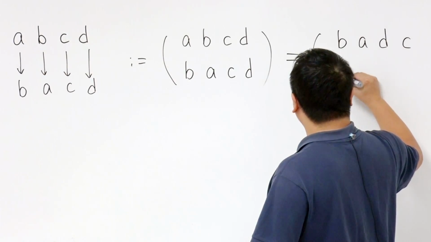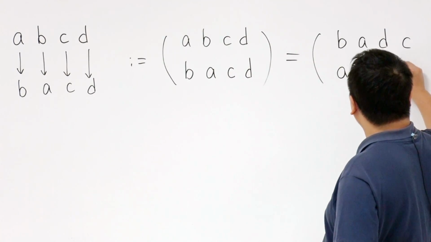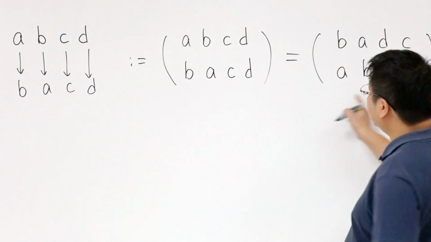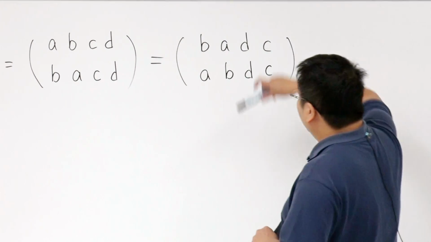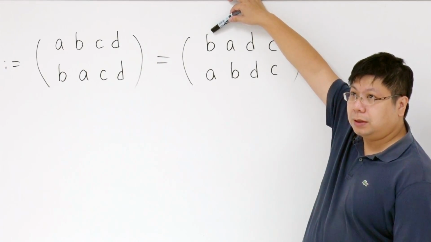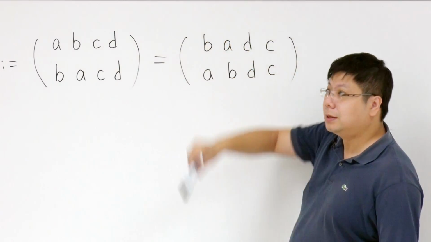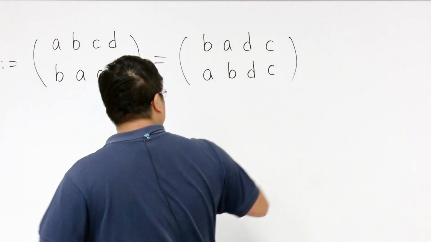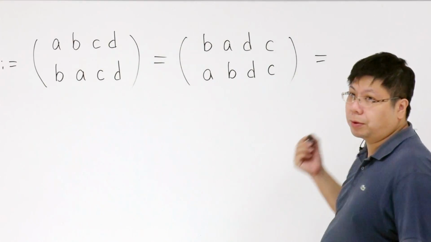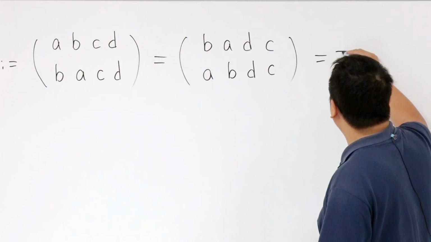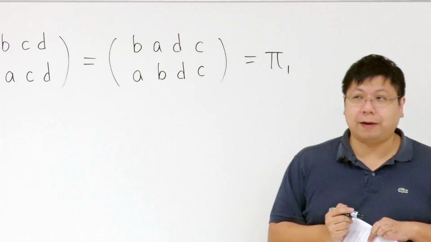So B is mapped to A, A is mapped to B, D is mapped to D, and C is mapped to C. These two represent the same thing. This describes what the original object is and what the target object it is mapped to. So this is a permutation, and we can use a symbol to represent it. For instance, let's call it pi 1. I use pi for permutation.